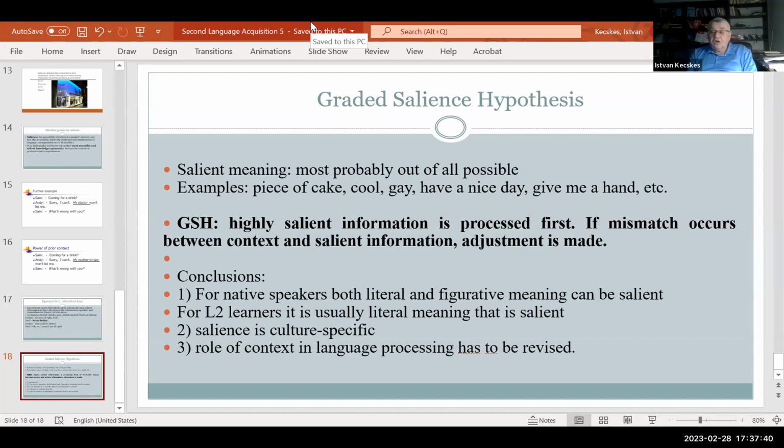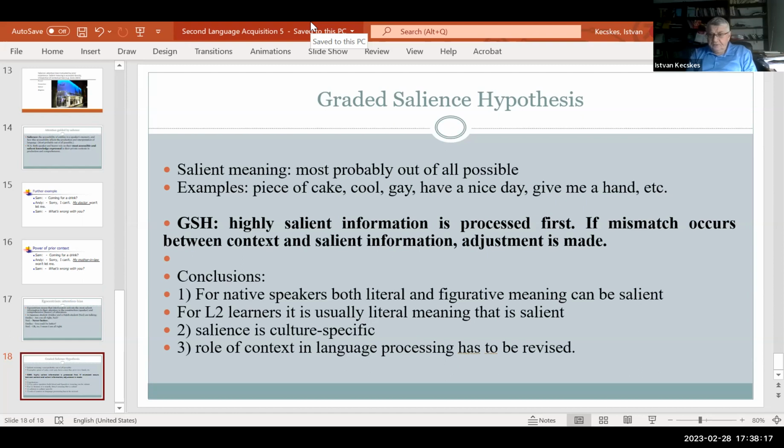But otherwise, when you start to learn a language, you have the collective salience of your own language. So when you look at the expression in the other language, what is most salient for you is the literal meaning, not necessarily the figurative, because most of the time you do not know what the figurative meaning is. So you need more and more exposure to the second language in order to go closer to the salience of the speech community that is represented by the second language.